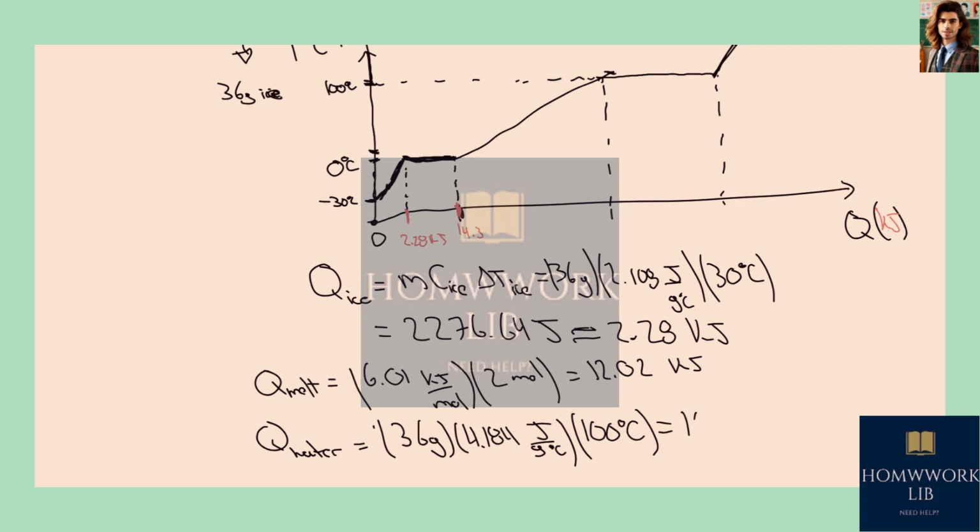This is going to give us 15,062 joules, which is approximately 15.06 kilojoules. So over here, the next quantity that we need to add is our previous result, 14.3 plus 15.06, which is 29.36 kilojoules.